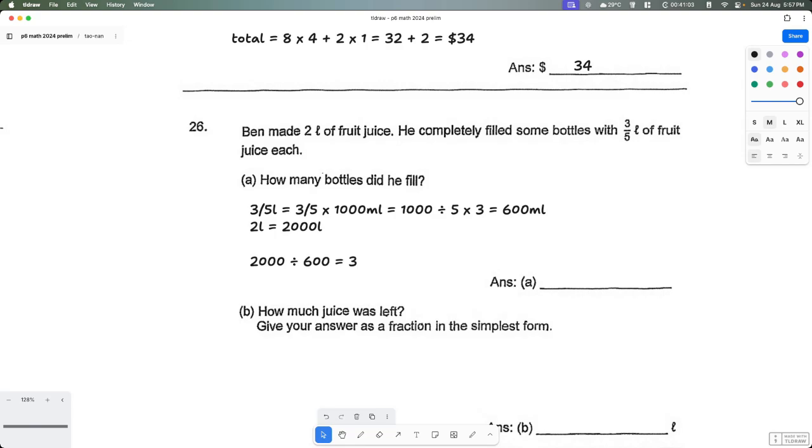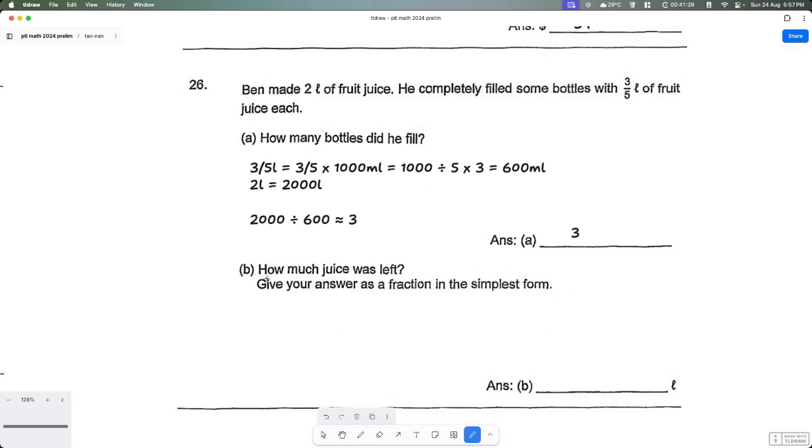Yep, 3 bottles, remainder 200, so let's just put 3. Okay, the answer is 3 over here. Okay, let's move on to part B. How much juice was left?